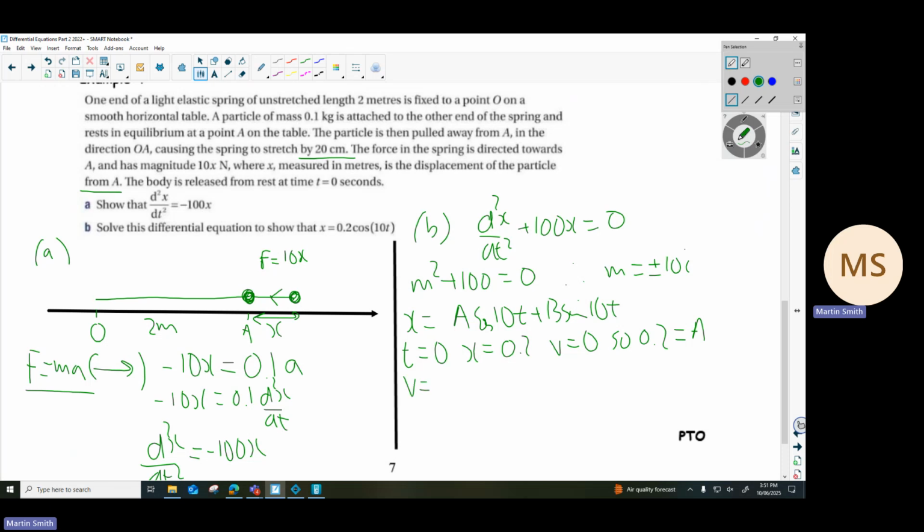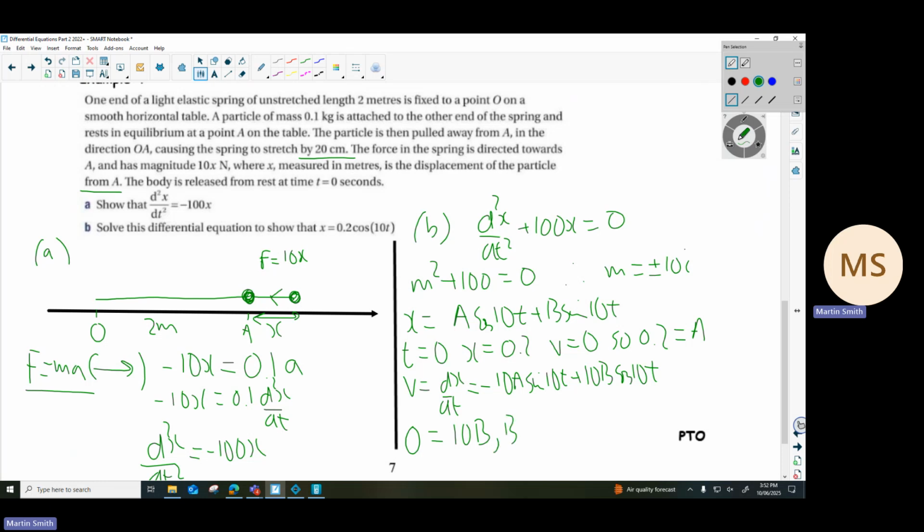The velocity is dx by dt, which is minus 10a sine 10t plus 10b cos 10t. If you sub in t is 0, v is 0, you will get 0 is equal to minus 10a times sine of 0, which is just 0, plus 10b times cos of 0, which is 10b.